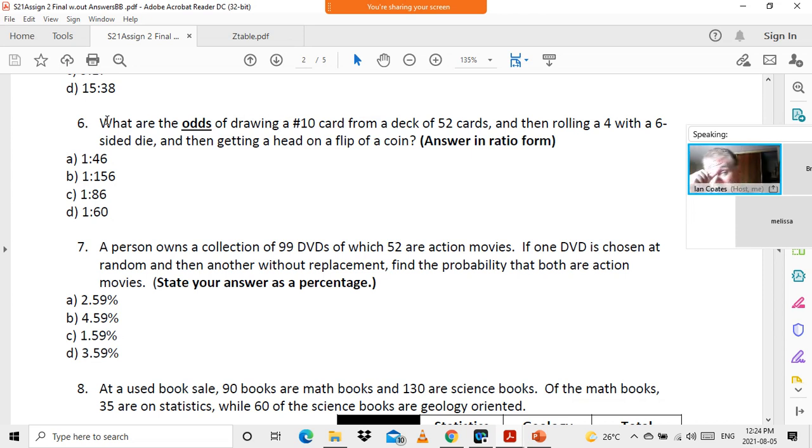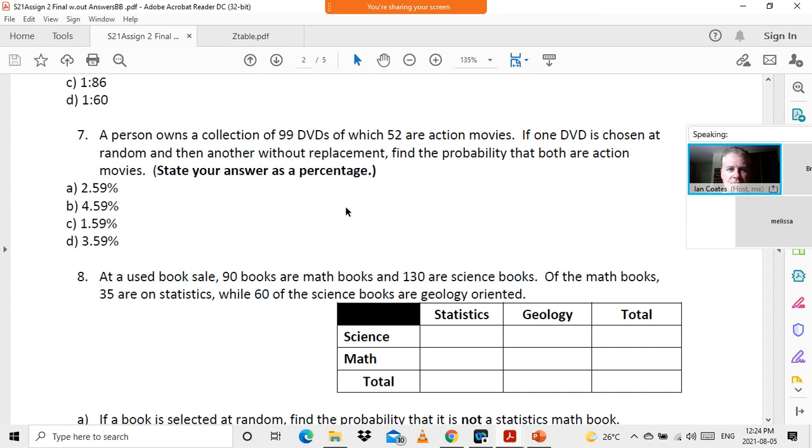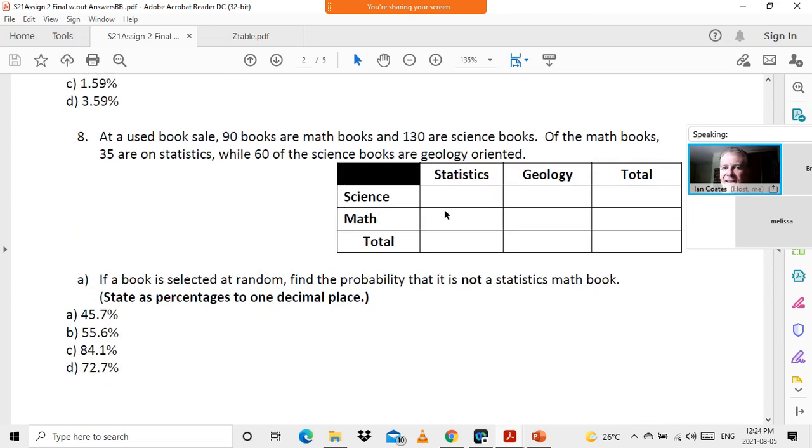So here, what are the odds of drawing a 10 card from a deck? And then the odds of rolling a 4 with a 6-sided dice. And then getting a head on the flip of a coin. And then 7. Good one. These ones here, I like this.